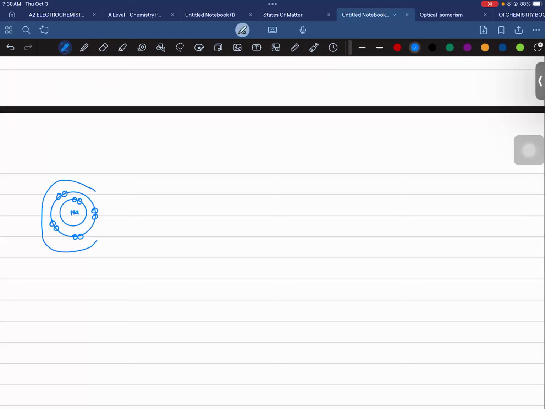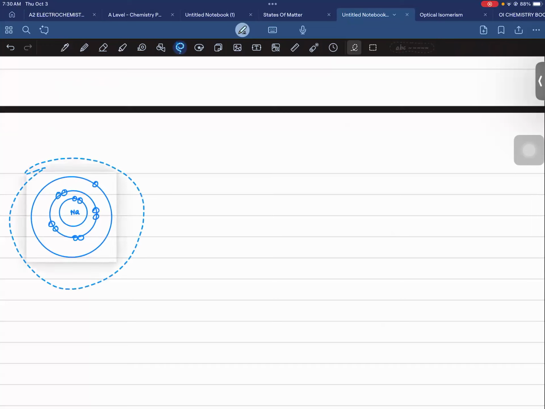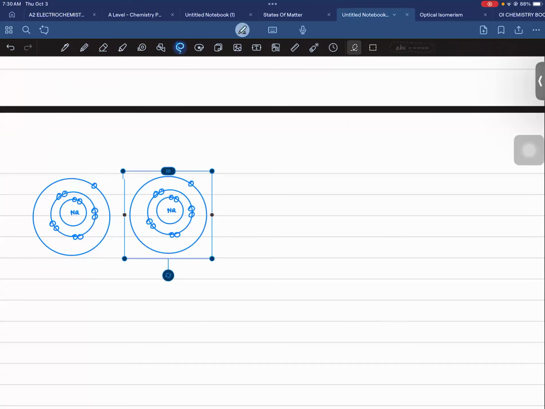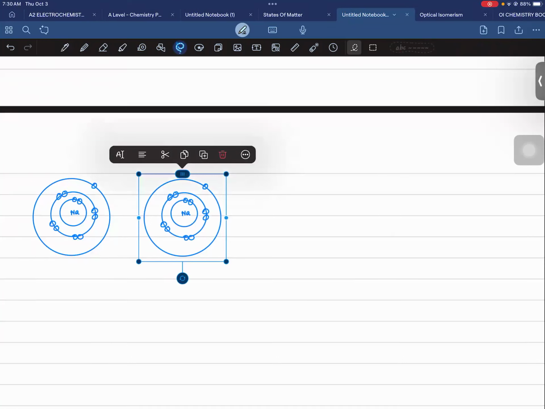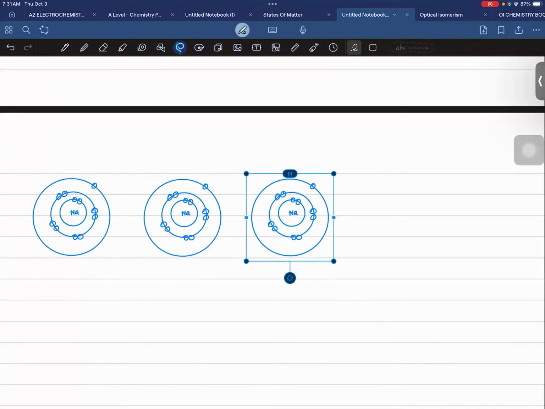And then in the third shell I have 1 electron. This is the structure for sodium. And then we have magnesium, then aluminum. In this I have 3 electrons. This is aluminum and this is magnesium.